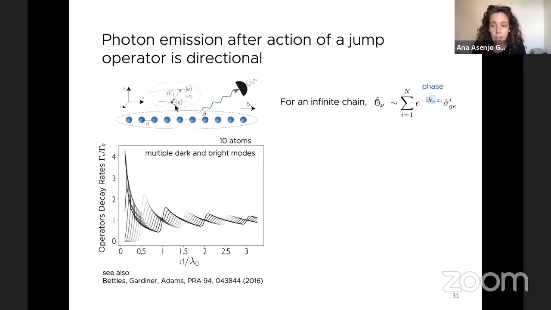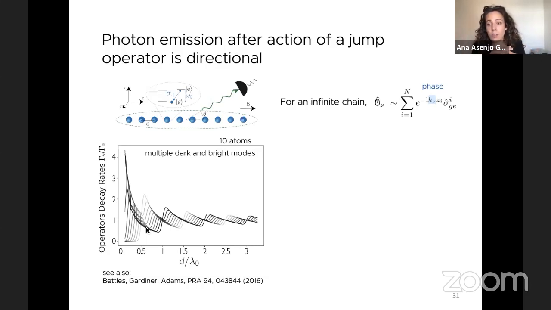Now I'm going to look at the decay rates of my jump operators. I just have to diagonalize this simple N by N matrix. And this is how these decay rates look. This is the operator decay rate normalized to the spontaneous emission rate, as a function of the distance between the atoms. So you have to think that if I make any vertical cut here, I have 10 different operators with 10 different decay rates, and they are colored in lines that represent wave vectors.